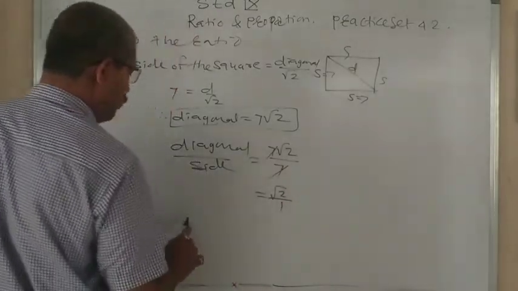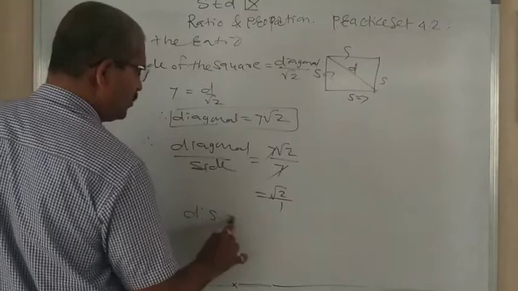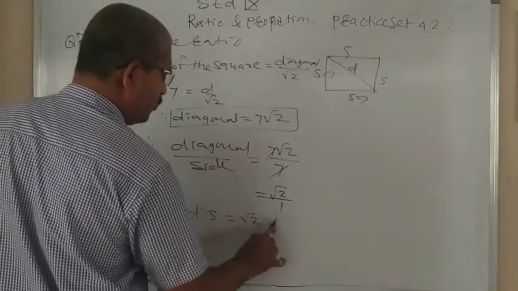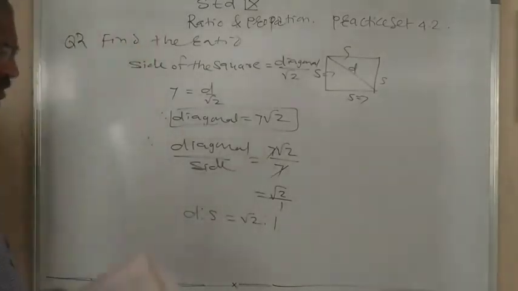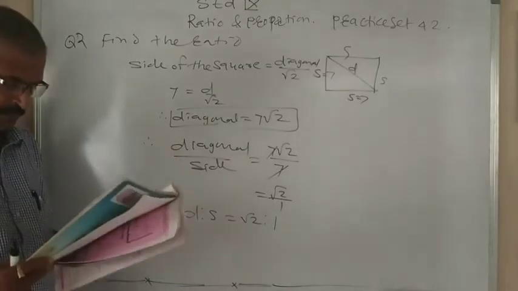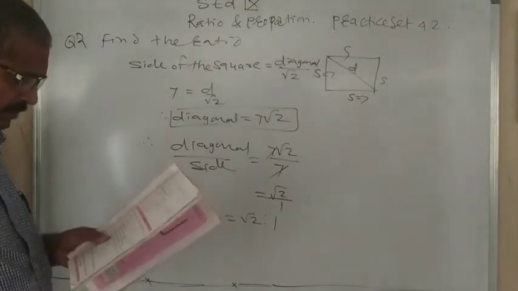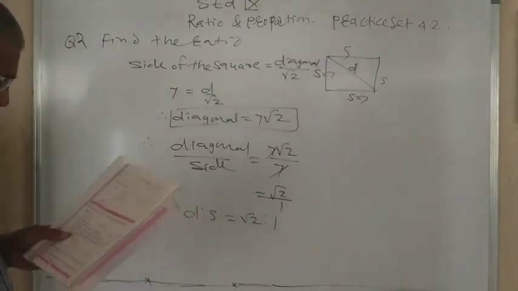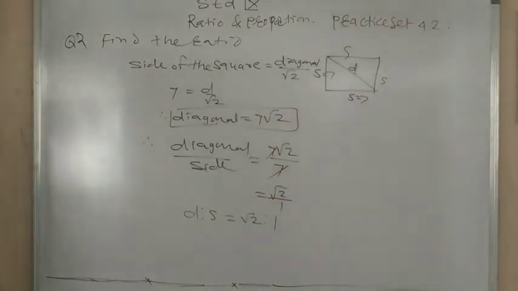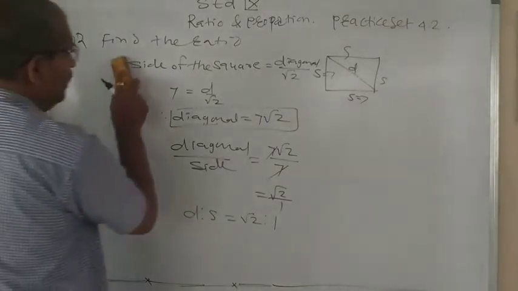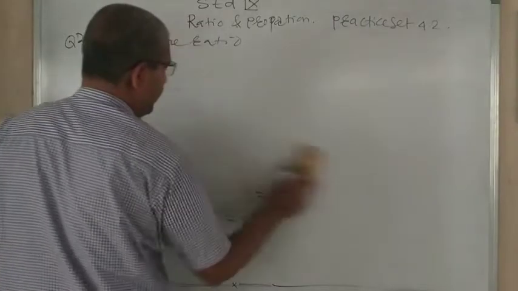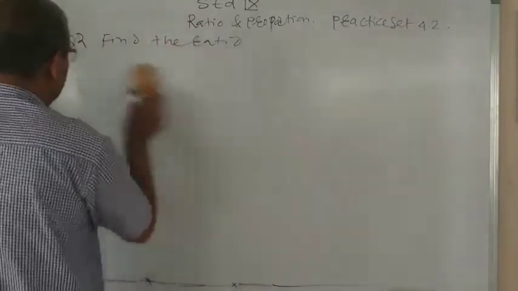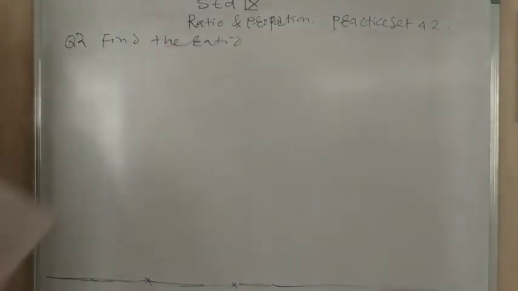Root 2 as to 1. Therefore diagonal as to side is root 2 as to 1. That is the answer. Now next, the lengths of the sides of a rectangle are 5 cm and 3.5 cm given. In the next question there is one rectangle. Question number 4.